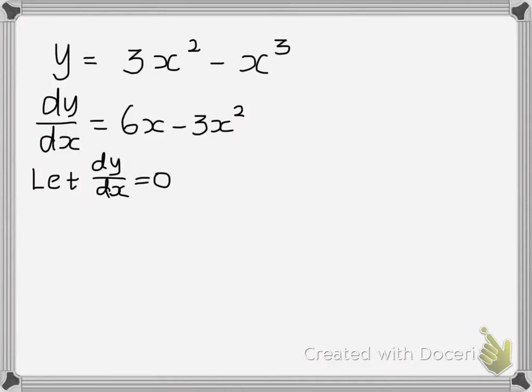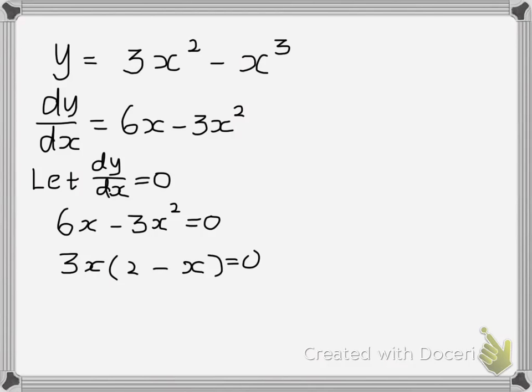So 6x minus 3x squared equals 0. What do you need to do? You need to factorize it: 3x times (2 minus x) equals 0.